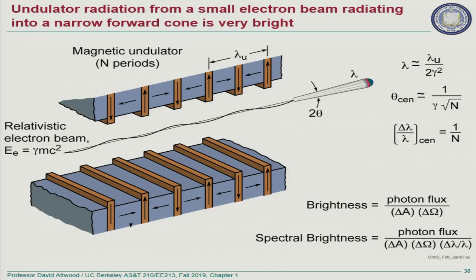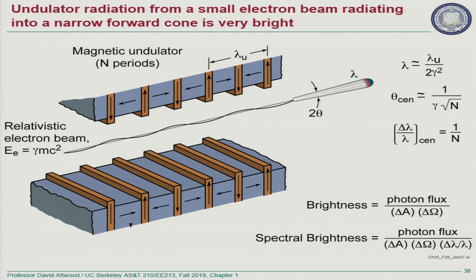So this is representing this cone. And basically, we have this undulator with a period lambda u, but in the frame of the electron, now we get the wavelength with this factor of gamma squared. And so there's a central angle, which is telling you about the spatial coherence of the light.